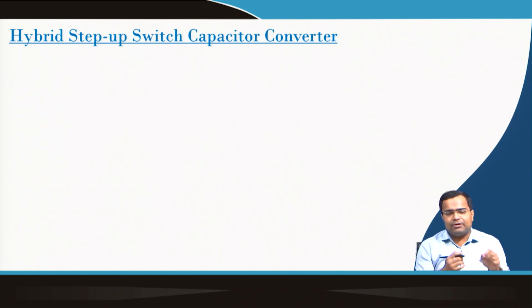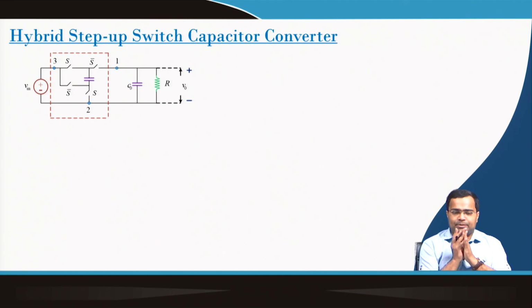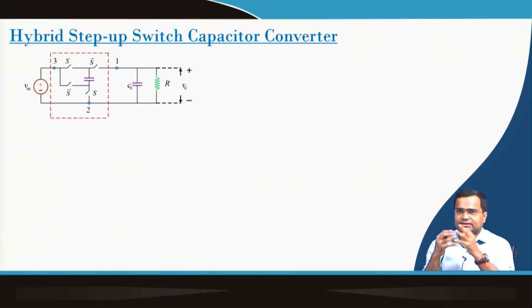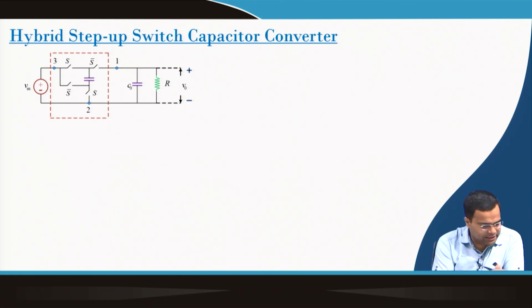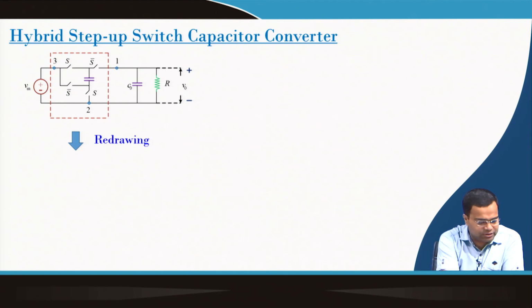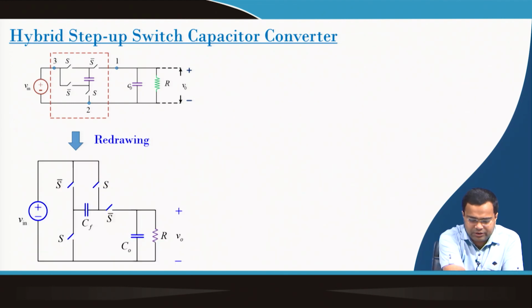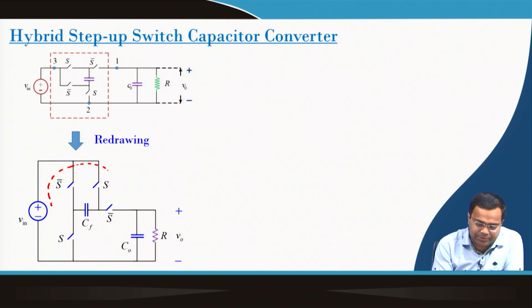Now, what will happen for the hybrid step up converter? We talk about the hybrid step up converter, which has 3 terminals, 1, 2, 3, and we have discussed it. If we redraw this circuit, initially in the charging phase, the flying cap is connected between these terminals.